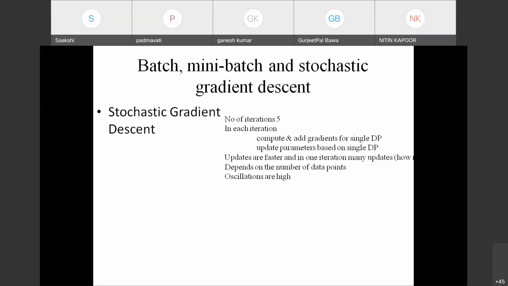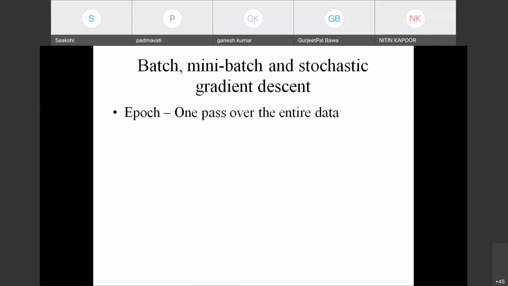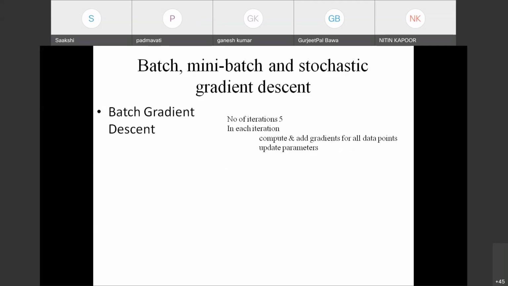Suppose we have a data set comprising 100 samples. If I apply batch gradient descent, I compute the gradient for all these 100 data points, and I keep adding the gradients for each of the data points.